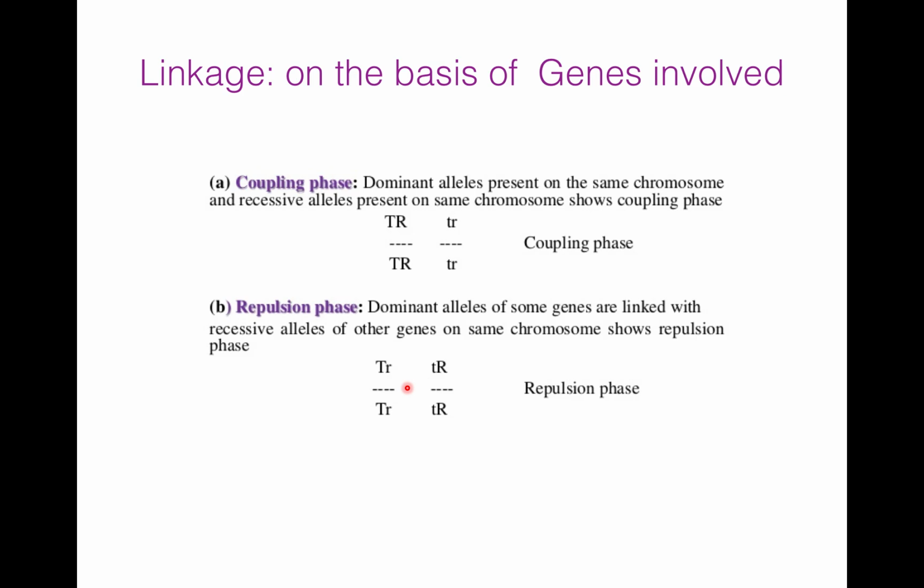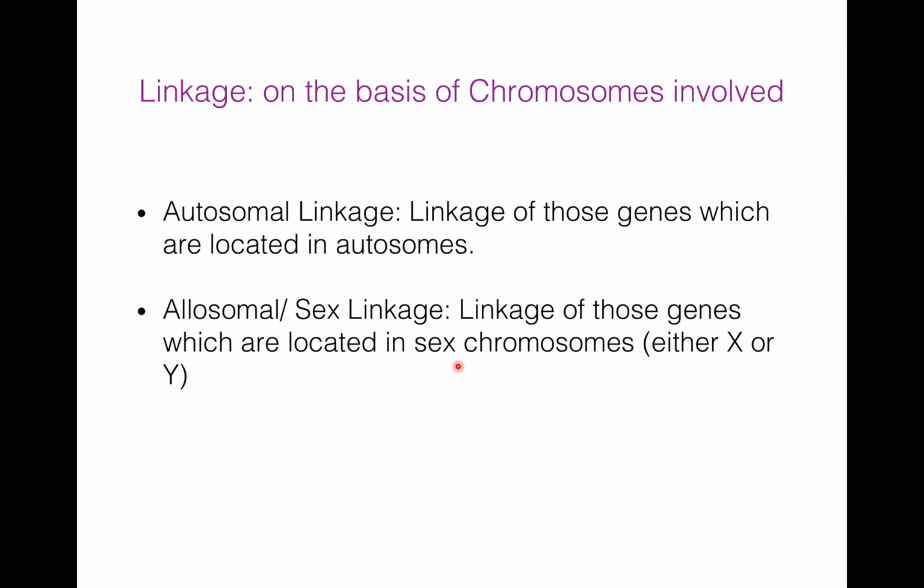Now linkage on the basis of genes involved: coupling phase and repulsion phase. Dominant alleles present on the same chromosome and the recessive alleles present on the same chromosome show the coupling phase. Dominant alleles of some genes linked with the recessive alleles of other genes on the same chromosome show the repulsion phase.